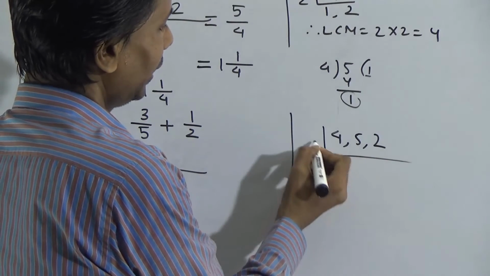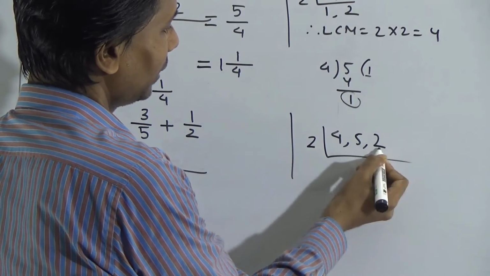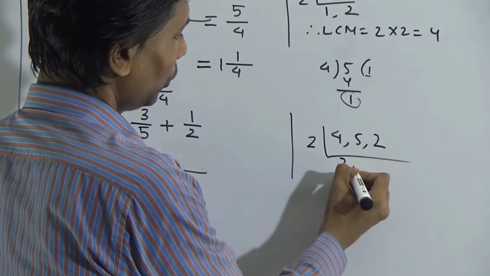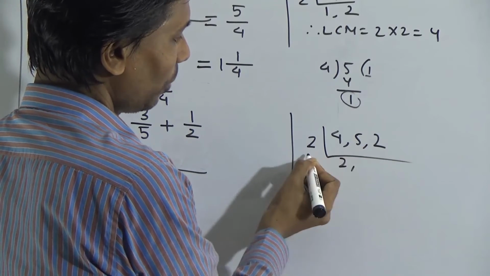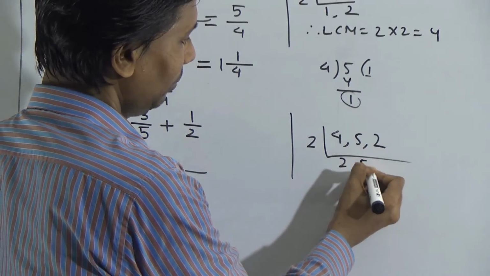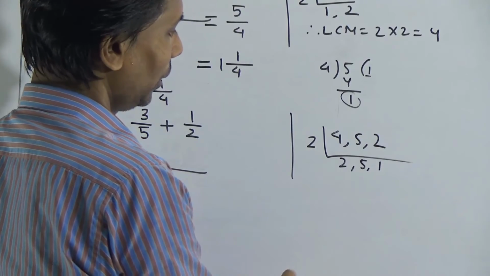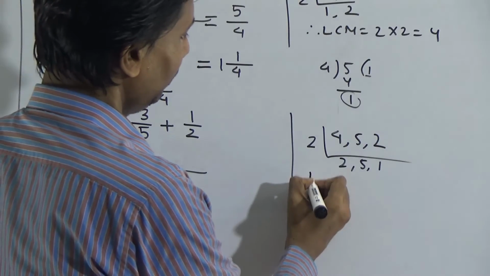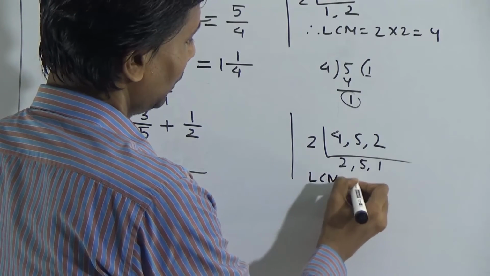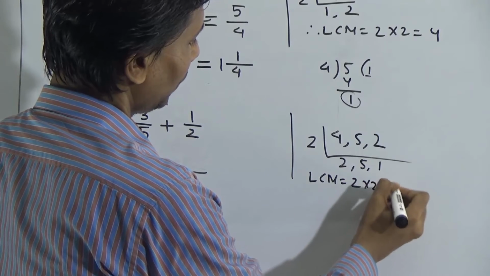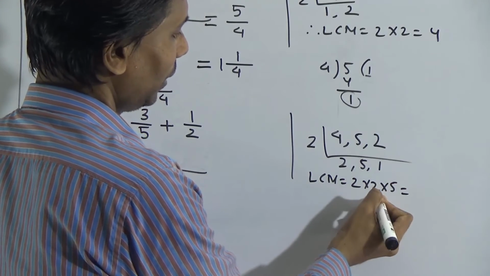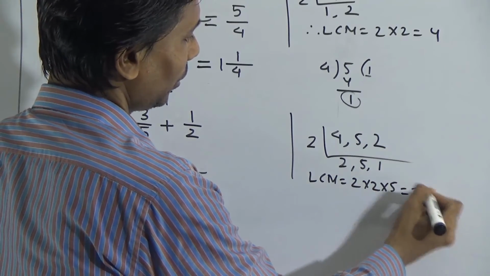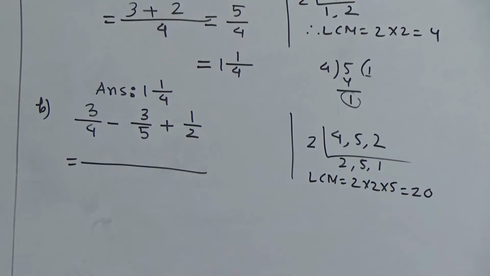You select here 2 because this number and this number are divisible by 2. Then 2, 5 is not divisible by 2, so 5 remains the same, 2 answer 2. Okay. Then LCM 2, 2, 5. This is equal to what? 5 twos are 10, 10 twos are 20. Okay. Then our LCM is 20.